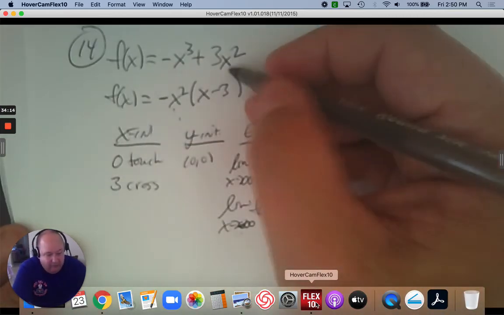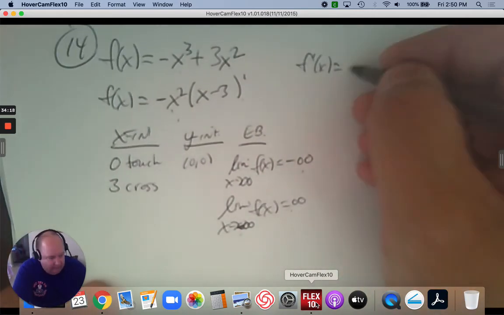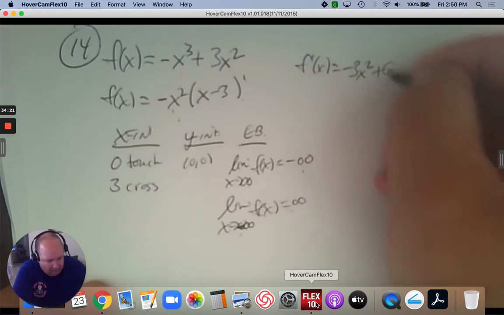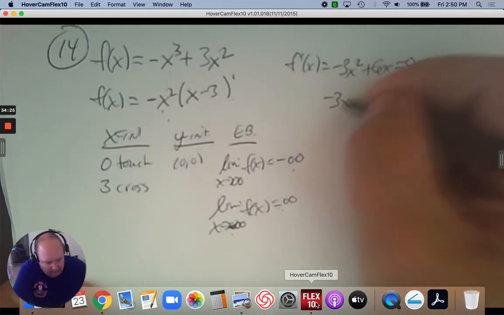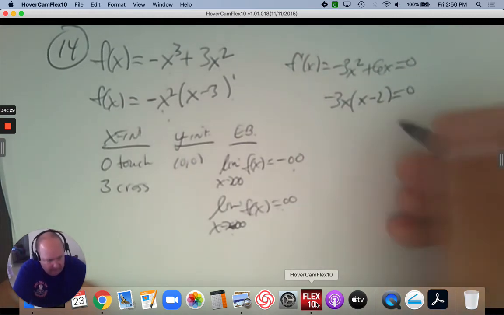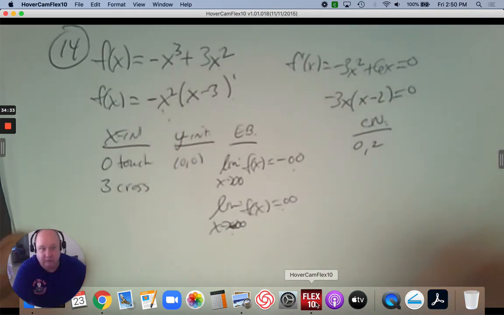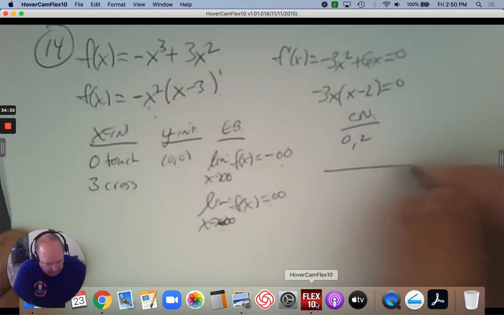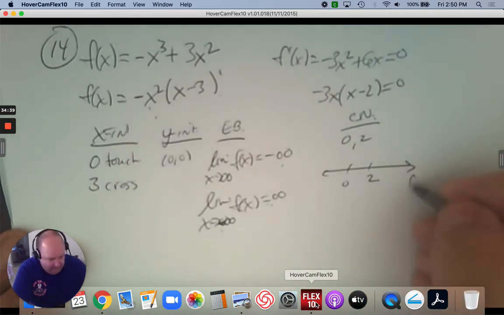Take the derivative of this. That's negative 3x squared plus 6x. Make it equal to 0. Factor out a negative 3x, and you get x minus 2. So we have critical numbers at 0 and 2. I want to know where it's increasing and decreasing.